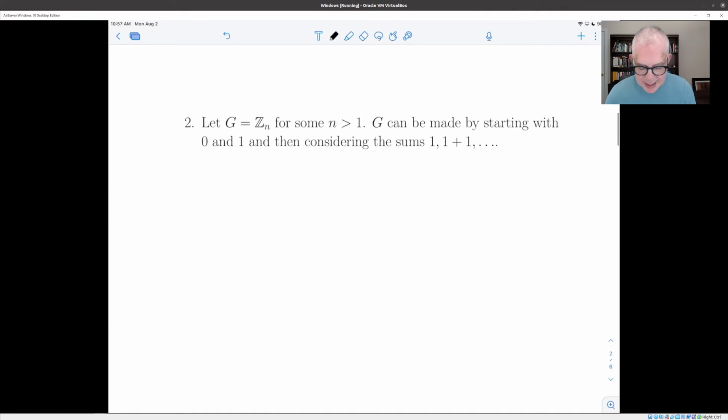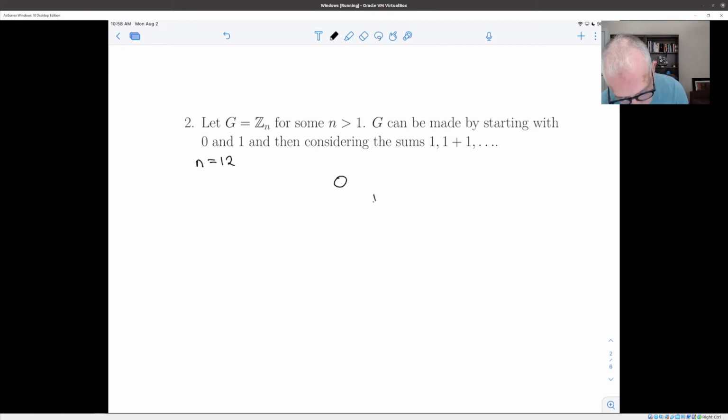So here's another example. Our example of the integers mod n, and just for concreteness, let's take n equals 12. And if we think about the integers mod 12, let's put 0 here. We're going to think about the clock.